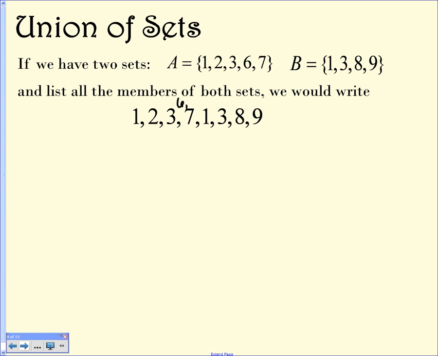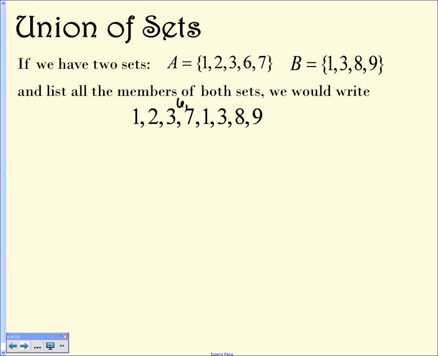What did they do to get the union? They just wrote down all the numbers in both sets and put them all together.